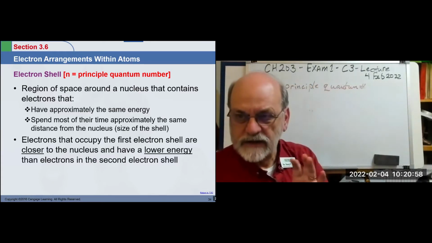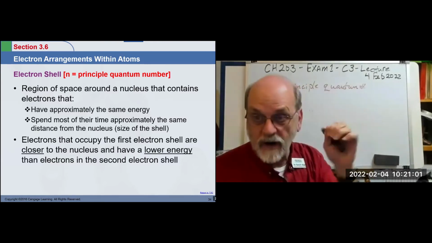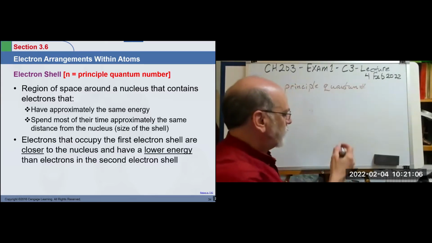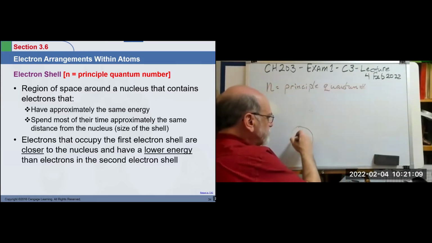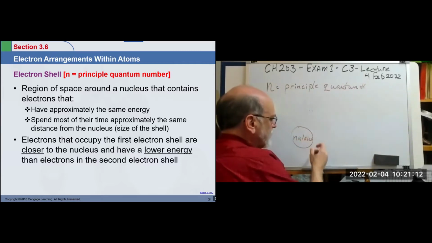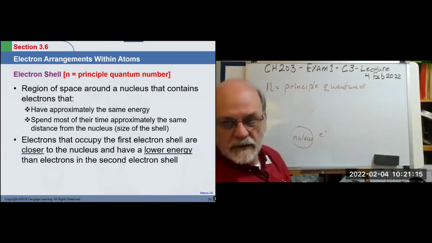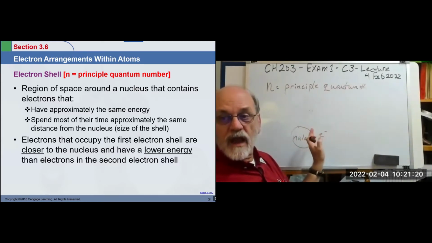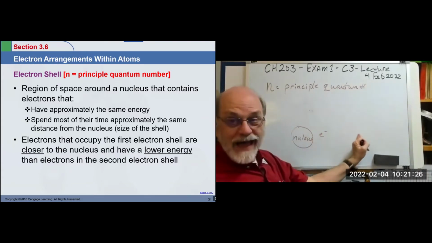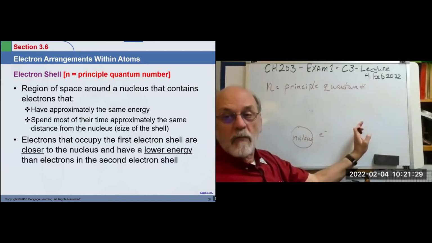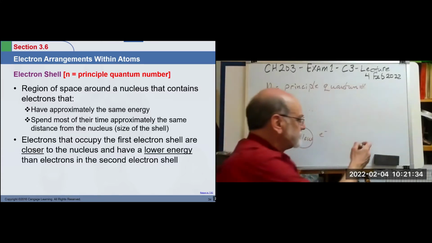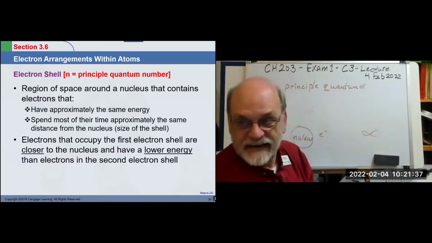Now here's a concept that we need to hammer into our heads. When we talk about energies of electrons, if this is the nucleus, and there's an electron out here, the closer the electron is to the nucleus, the lower its energy. So as an electron moves out away from the nucleus, it's acquiring more energy, until it reaches a distance of infinity.